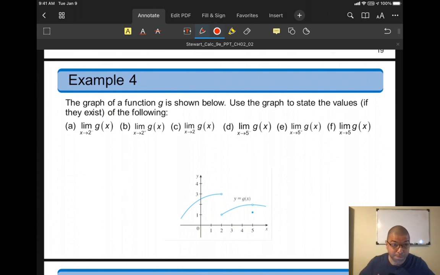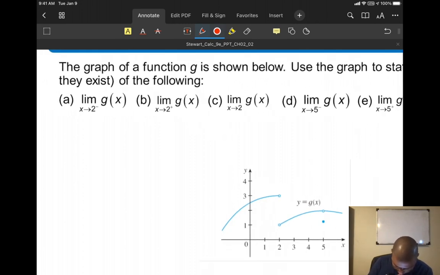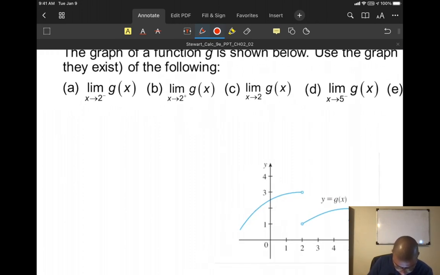Okay, let's do an example graphically. So I have a function g, and let's use this graph to find some values of limits. Let's talk about a first. A is telling me that I'm plugging in x values that are very, very close to -2. Let me say it again. We're getting x values that are very, very close to 2, but less than 2.